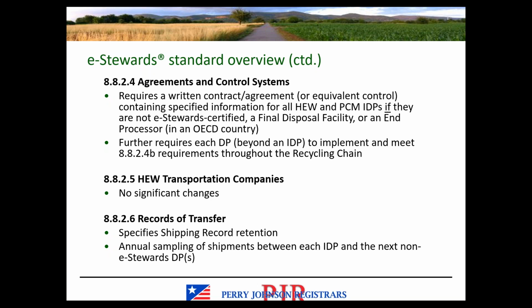No significant changes regarding HEW transportation companies in 8.8.2.5, so I'll skip that one. 8.8.2.6 covers records of transfer. This specifies shipping record retention requirements and an annual sampling of shipments between each IDP and the next non-e-Stewards downstream processor.